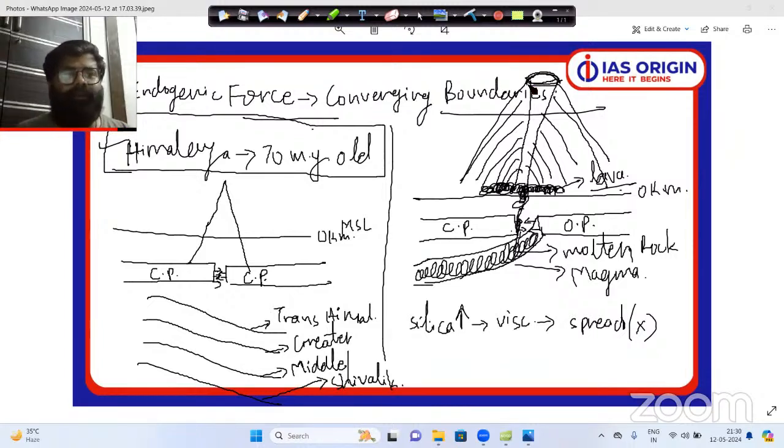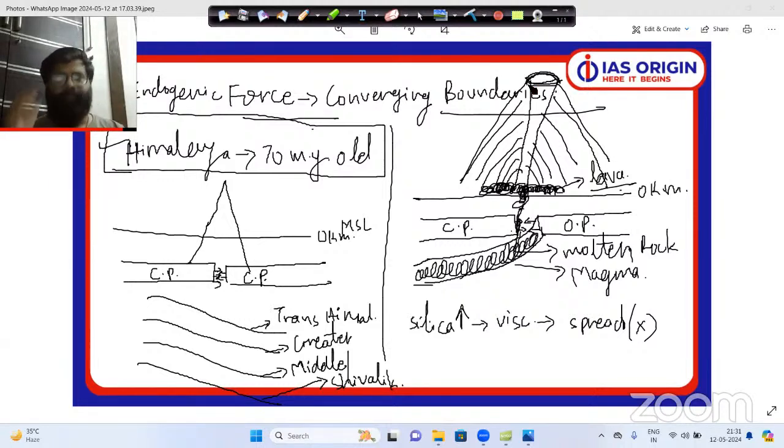And why is that active volcano going on? Because the oceanic plate is still active there in the lithosphere, and that oceanic plate is going under the continental plate. But what if the oceanic plate is completely submerged under the continental plate? And how will you get to know that that volcano is not active anymore?